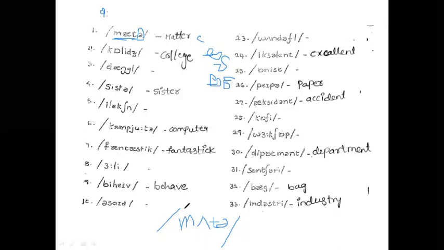The difference is in this vowel symbol only. There it is an a sound, here it is a very fast a. Up to here it is mat, but here it is mut. Okay, and it is matter, but here it is mutter.